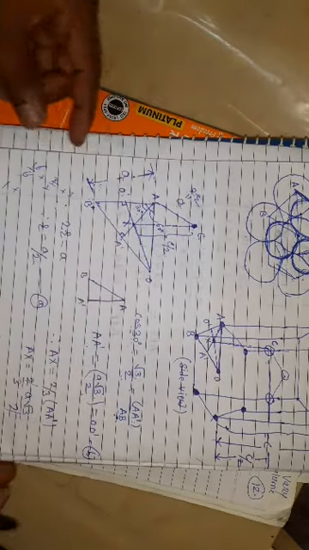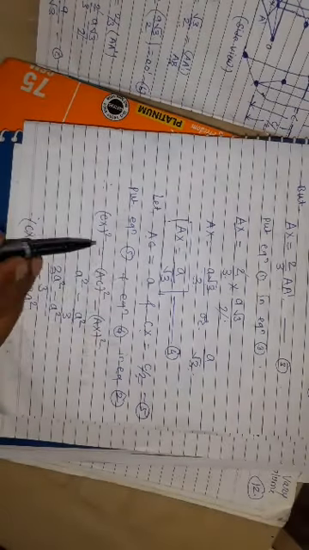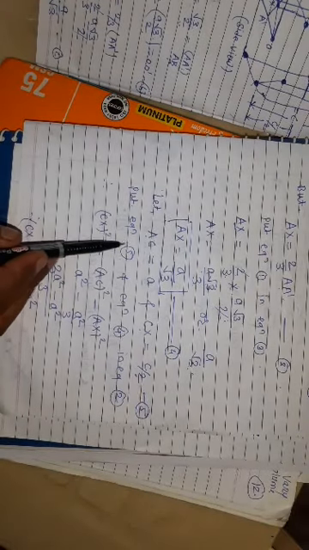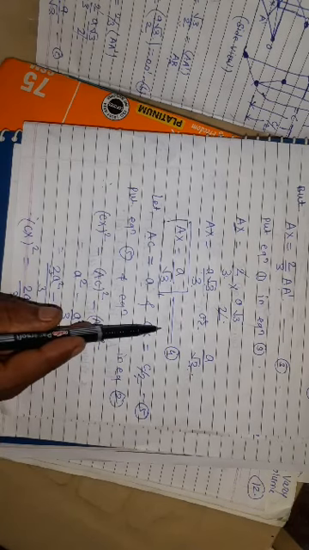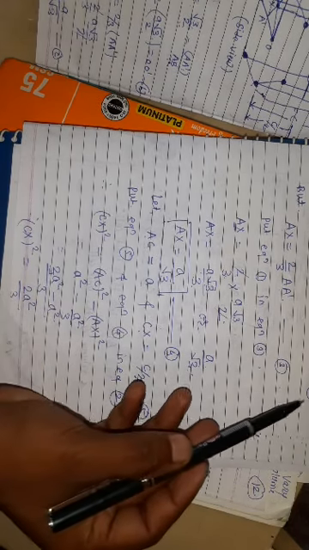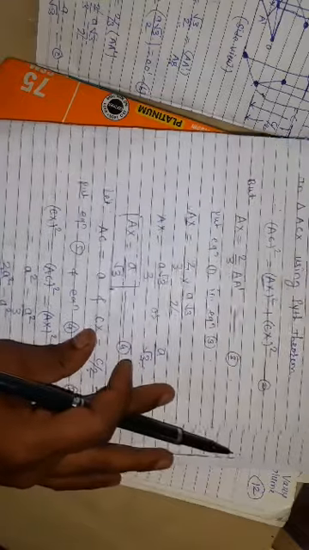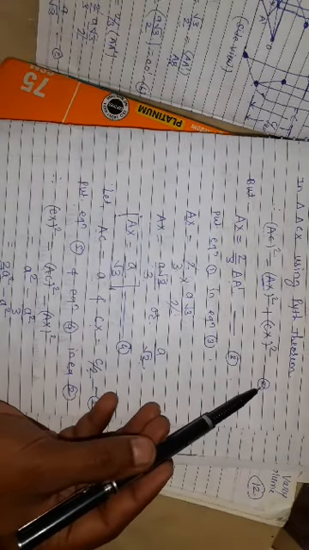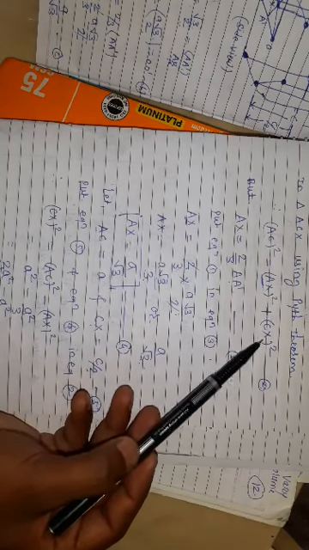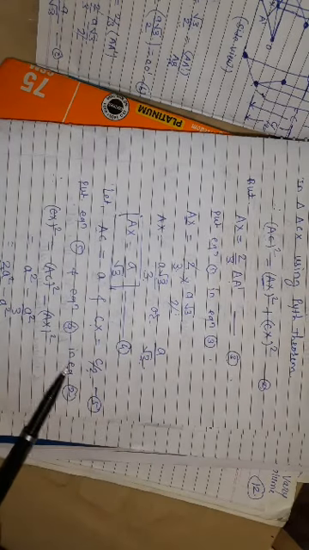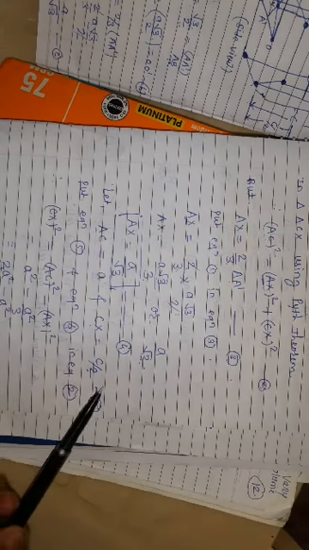Is it right? Then put this equation number 5 and equation number 4 in equation number 2. Where is your 2? Here 2. Means AC square is equal to AX square plus CX square.